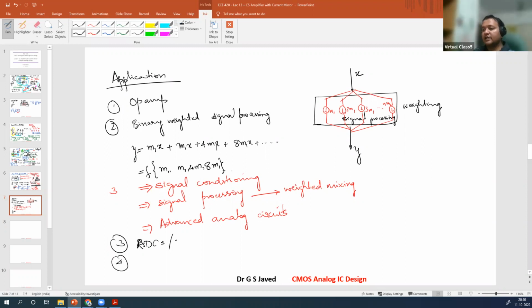Fourth, you will see that in DACs, analog to digital and digital to analog converters, where you need weighted signaling. When you do binary search, right? So binary circuit design. The application of current mirrors is vast. It is one of the most powerful analog circuits that you will ever use in IC design.